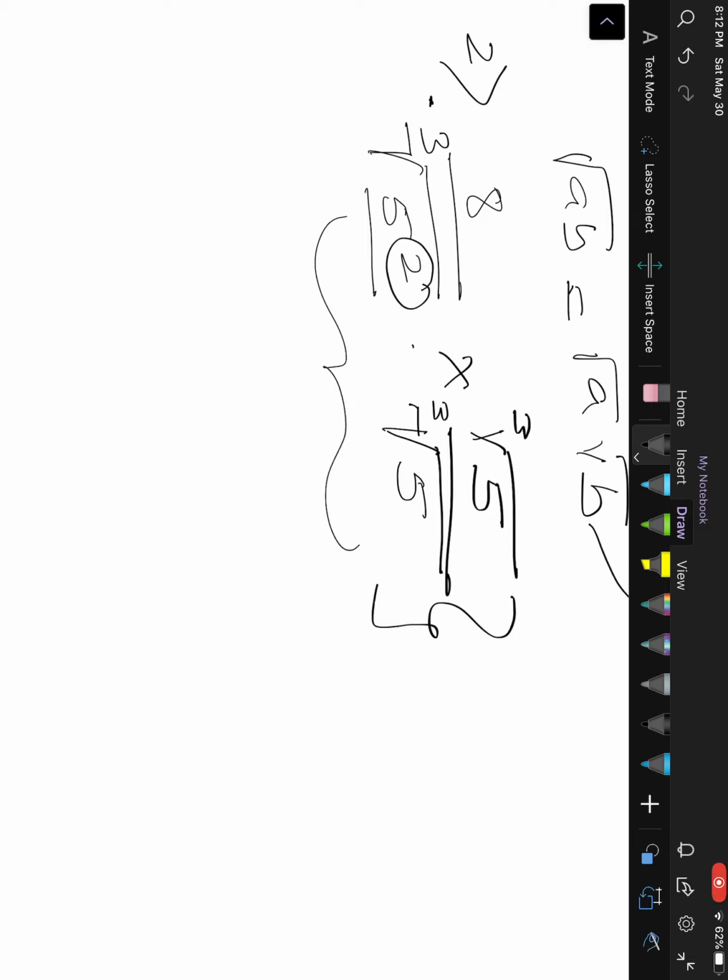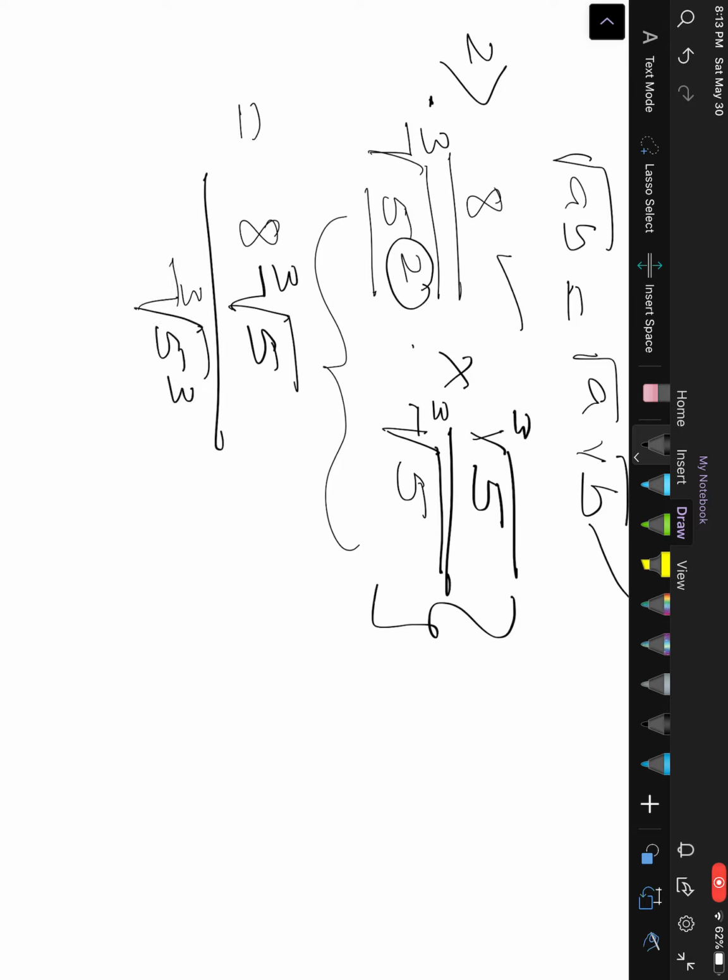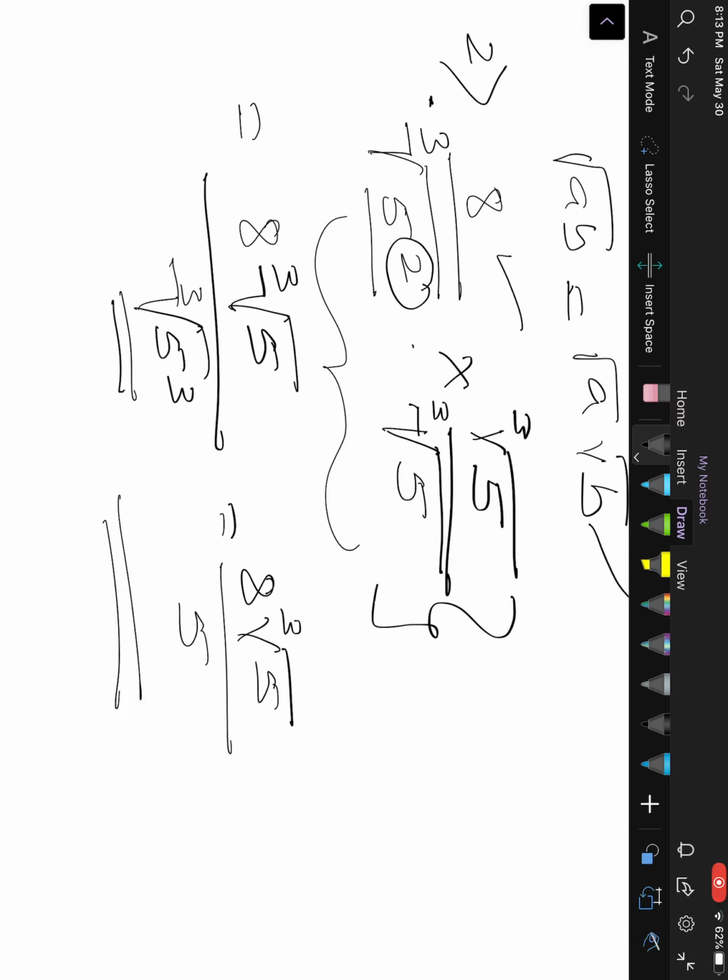This process just helps us write the given number in a better form for simplification. So this will give me 8 times cube root of 5 divided by cube root of 5 cubed. You can apply property number 4 to this, and that gives us just 5. So 8 cube root of 5 over 5 is your final answer, the rationalized form.